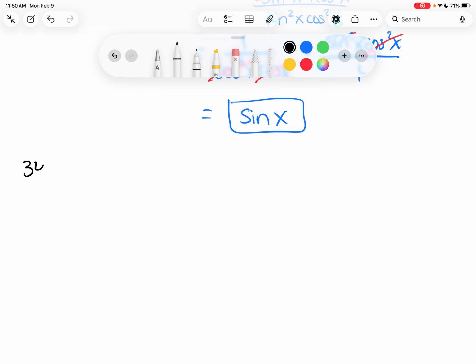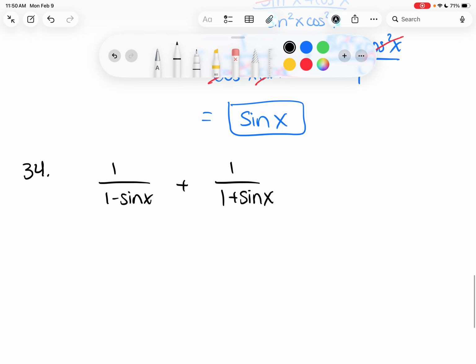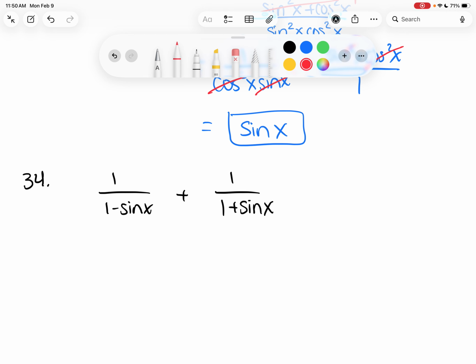Number 34: 1 over 1 minus sine of x plus 1 over 1 plus sine of x. Any idea how I'm going to combine these? You multiply both sides by -1 over 1, which makes this sign positive.